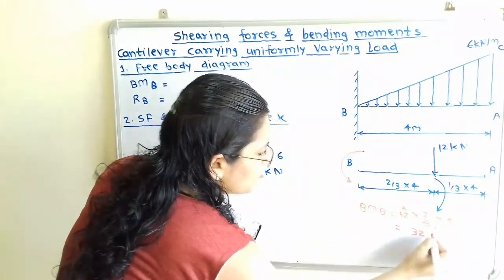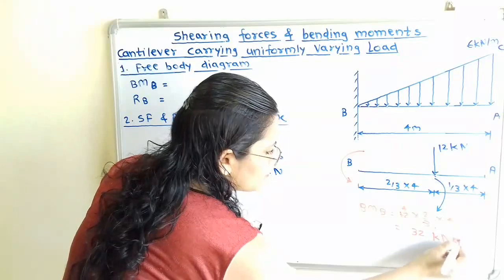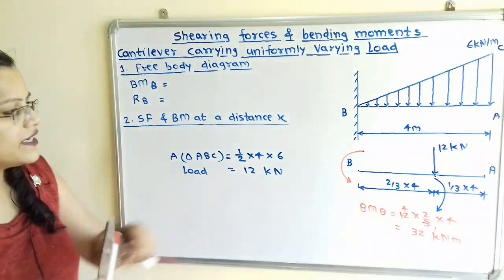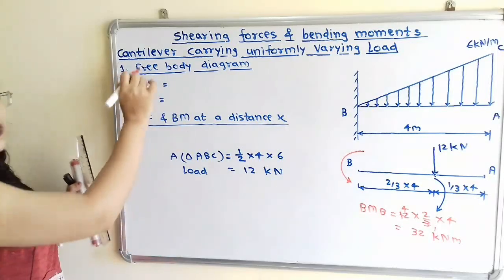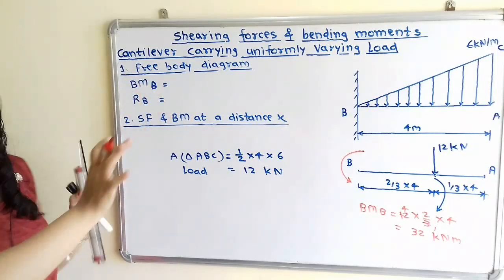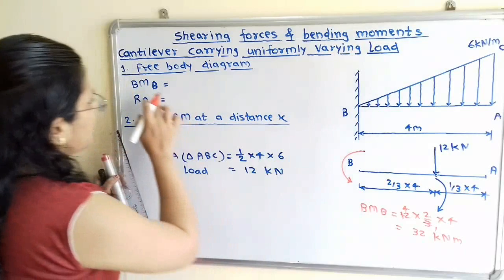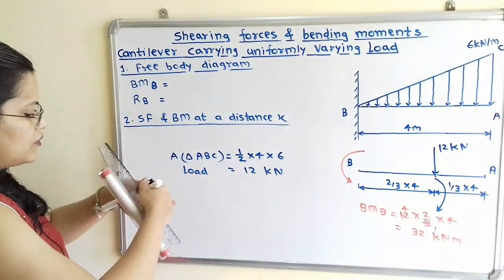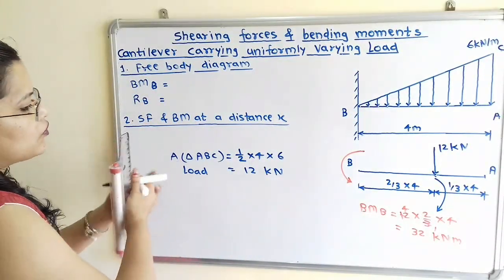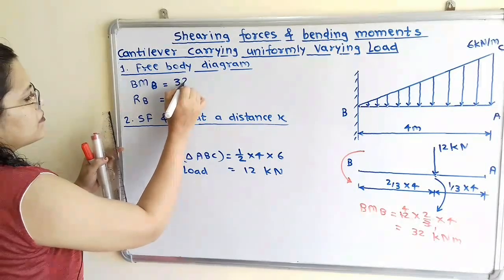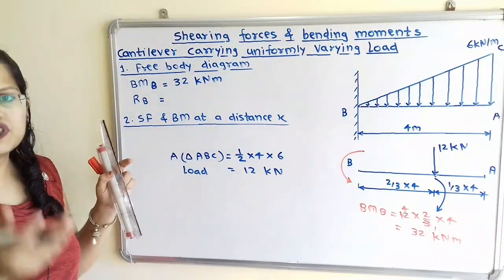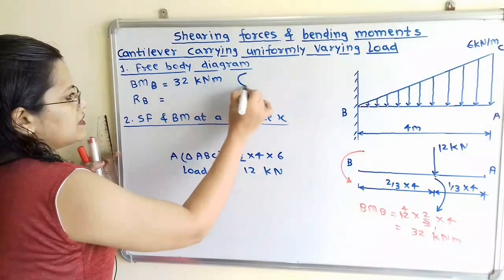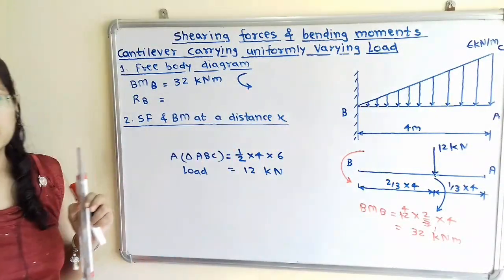So this bending moment is 32 kN meter and it is in anti-clockwise direction. So we have to mention this. This is the data from the free body diagram. The bending moment at point B is equal to 32 kN meter, and we have to mention the direction also, it is in anti-clockwise direction.